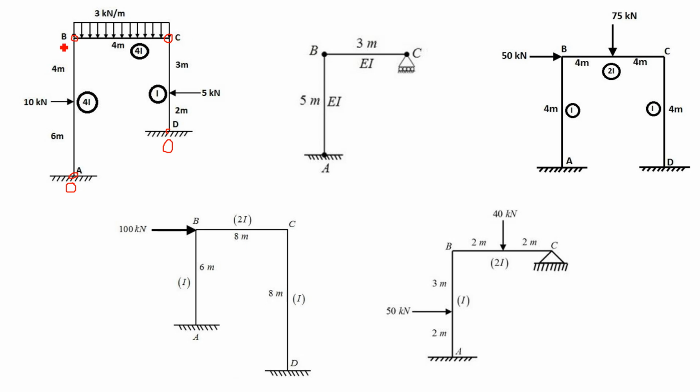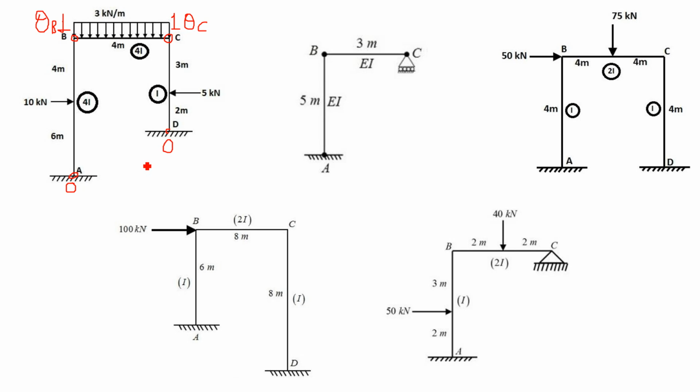The point where beam and columns are joined, at that point there is one kinematic unknown present, and that is rotation. So there is one unknown at point B and one unknown at point C, which are theta B and theta C. So DKI becomes 2.